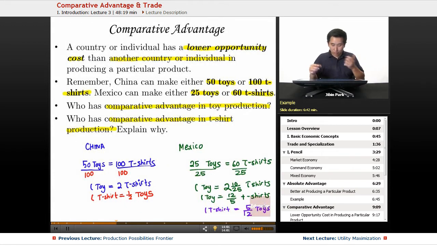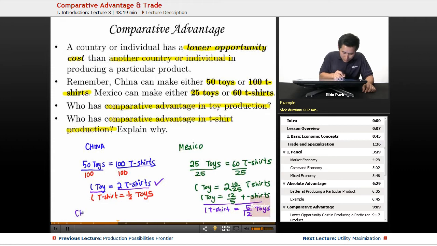Now, in order to find who has comparative advantage in making toys, let's take a look here. One toy equals 2 t-shirts, and one toy equals 12 over 5 t-shirts, or 2 and 2/5, right? So this is fairly close here. There's not a huge discrepancy, but China is going to have comparative advantage.